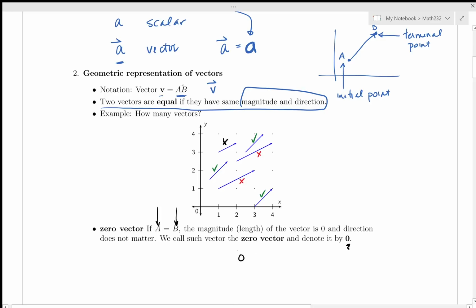So of course, when I need the zero vector, I'm going to write it like that. That is going to be the zero vector. At this point, you want to be able to understand the difference between a scalar and a vector, and understand that a vector has magnitude and direction, and that basically we're not worrying about where they're oriented in the plane.